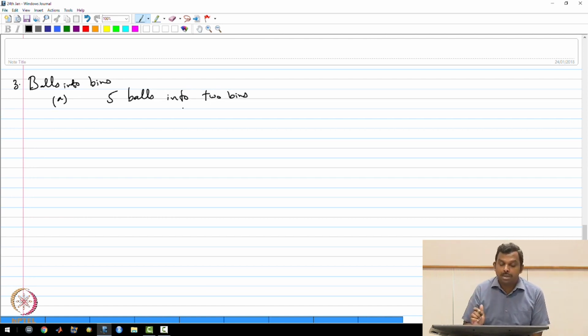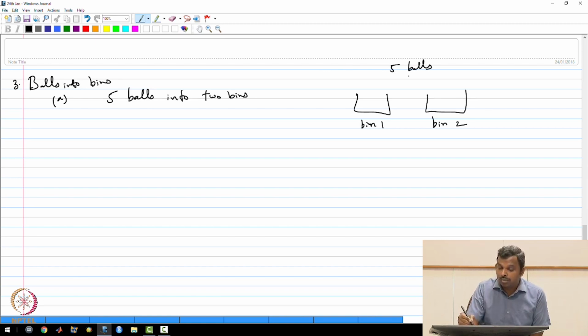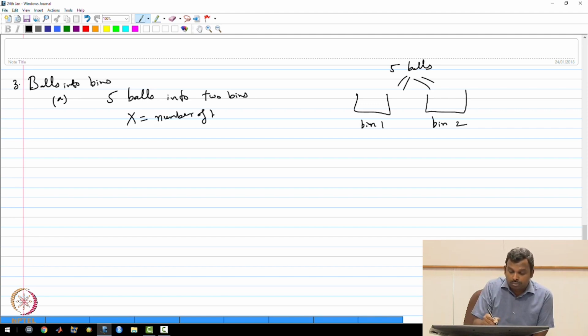Sometimes you can get misled by this problem. There are 2 bins, bin 1, bin 2. And you're throwing 5 balls into these bins. So 5 balls. Let's say x is the number of balls in bin 1, and y is the number of balls in bin 2.